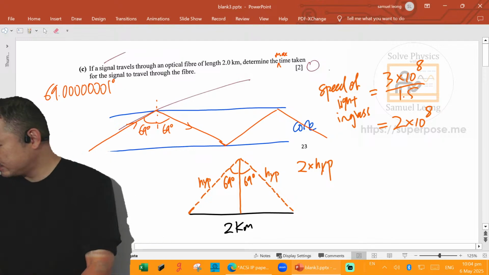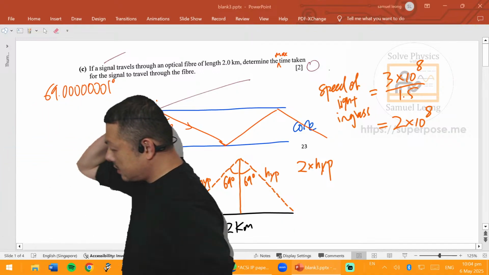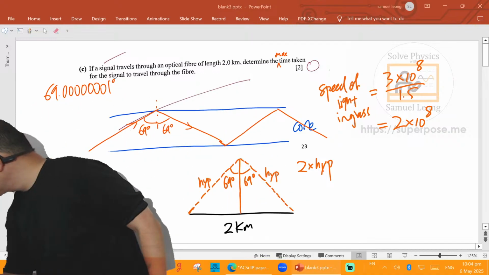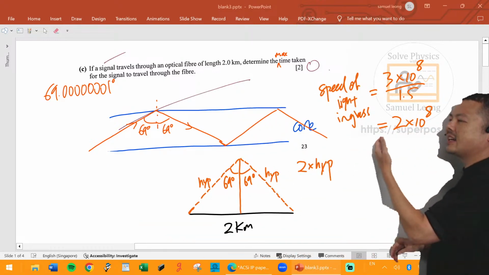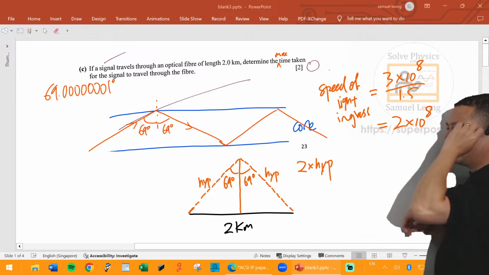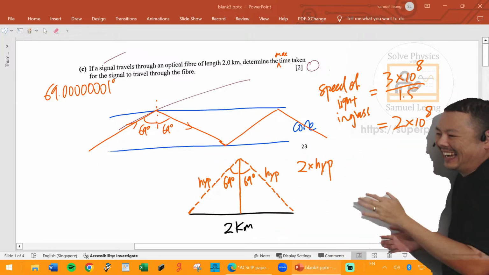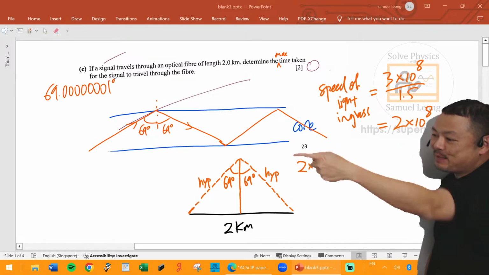Okay, I gotta go home. What? Sorry. Yeah lah, time. You can find the time based on whatever distance you want. 50 meters, how many seconds?